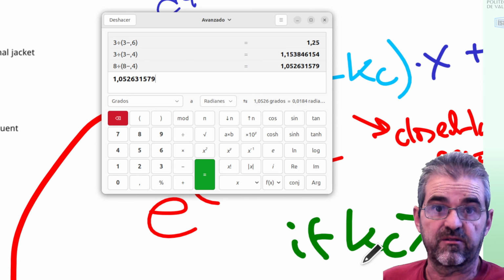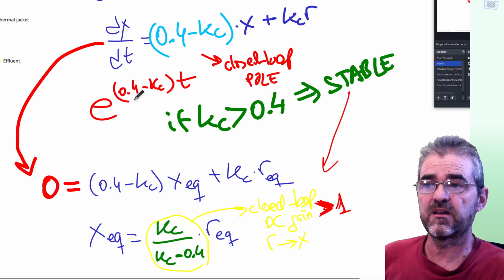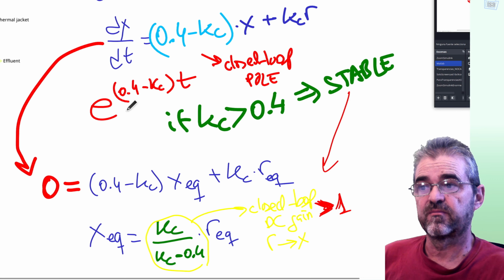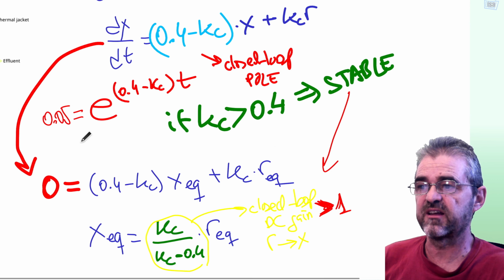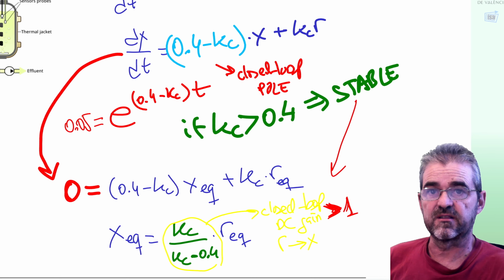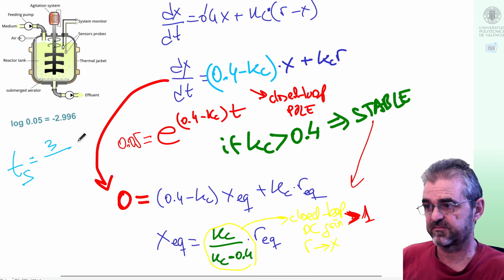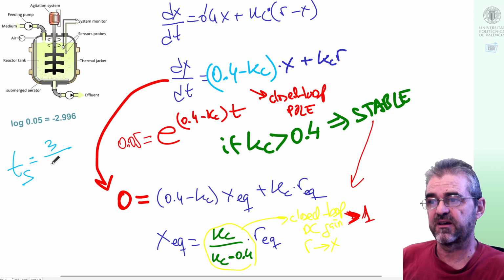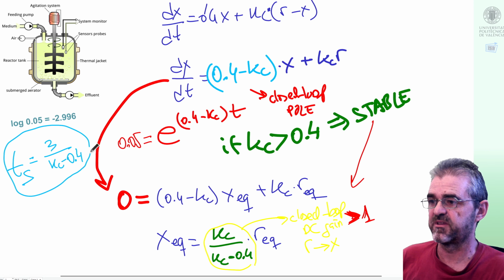And well, the other thing is that settling time in an exponential is computed by equating this exponential to, let's say, 0.05. Then the result is that settling time logarithm of 0.05 is minus 3, let's say. So it's 3 divided by the absolute value of the pole. Then this will be the settling time.